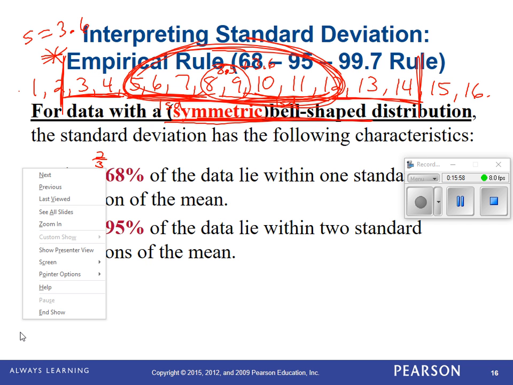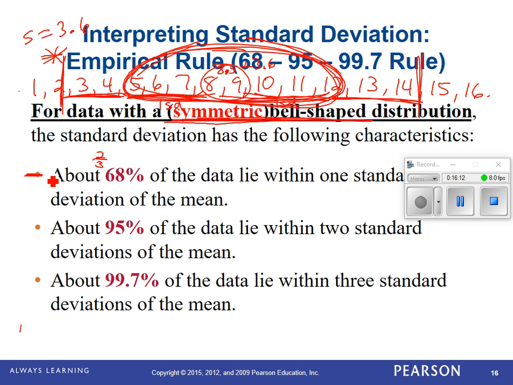So the empirical rule just says 68% is within 1 standard deviation, 95% of the data is within 2, then 99.7% is within, how many standard deviations do you think? 3. So 99.7% falls within 3 standard deviations. So if our standard deviation was 3.6 and our mean was 8.5, we just take that 8.5 and add 3.6, that's where our first standard deviation is going to fall.